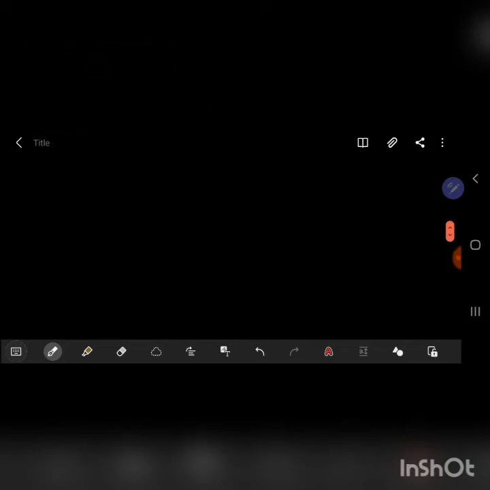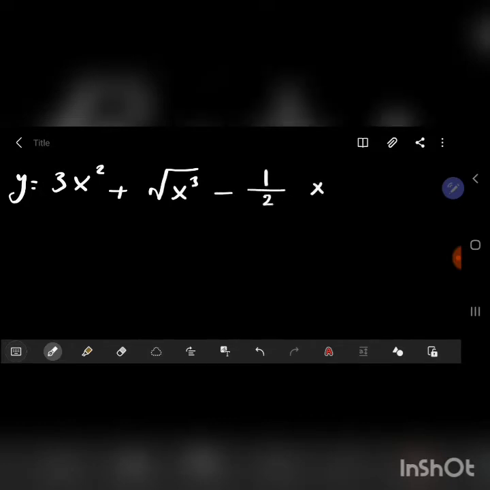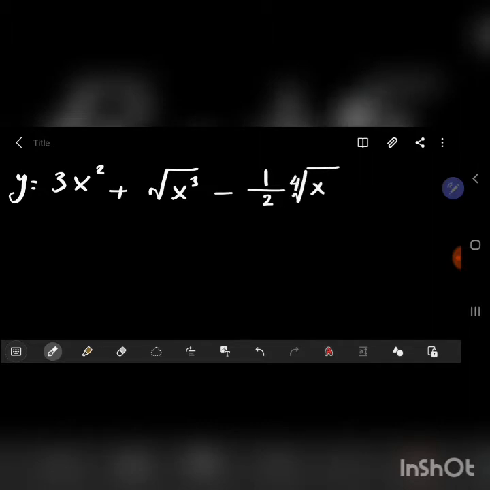I will give you another example to understand it more than one time. The example says 3x squared plus the square root of x cubed minus 1 over 2 x under the fourth root. Now, what will I do here? Here I will simplify the roots.